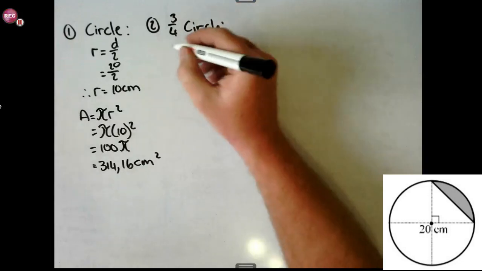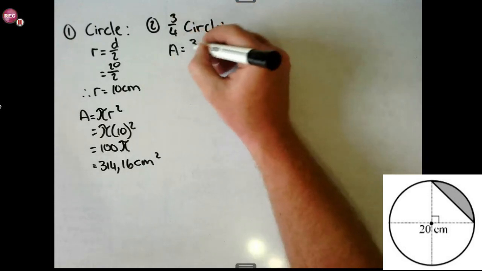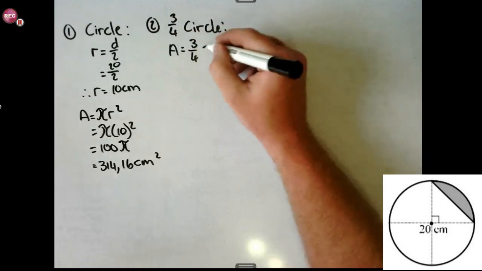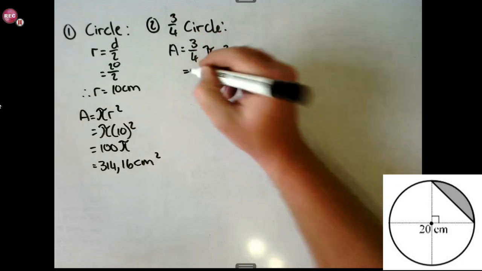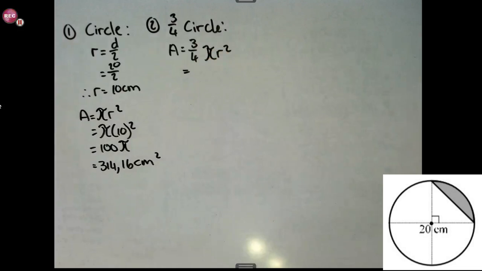Let's calculate that area. So A is equal to 3/4 pi times radius squared. Okay, and the reason why we say 3/4 is because we want to know what the area of 3/4 of the circle is.